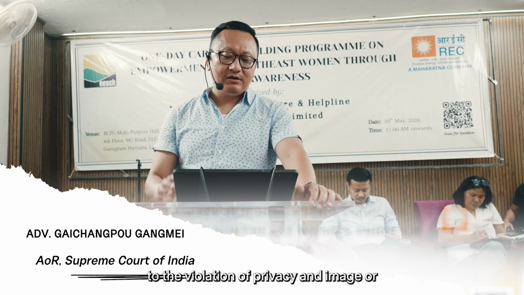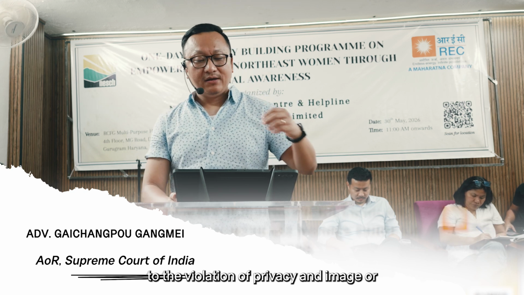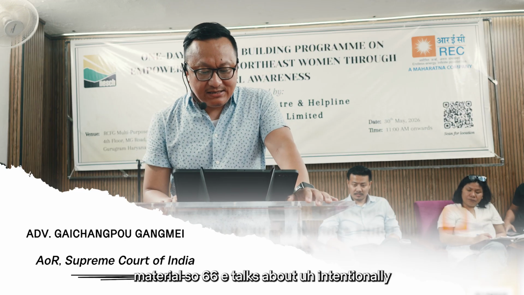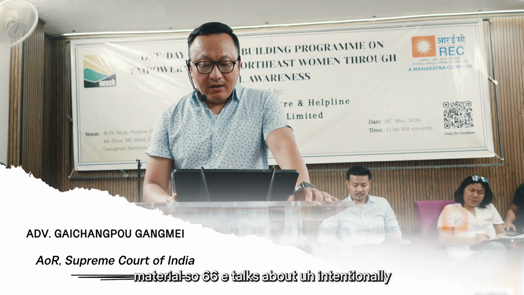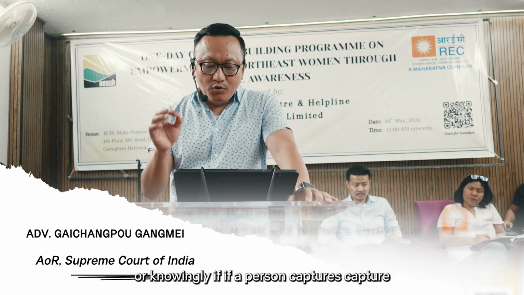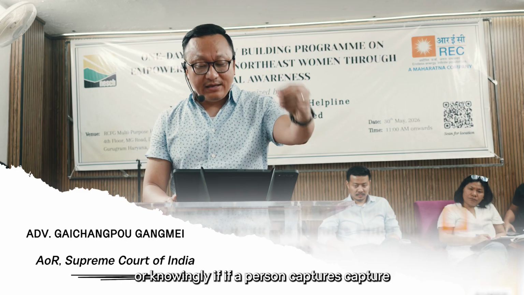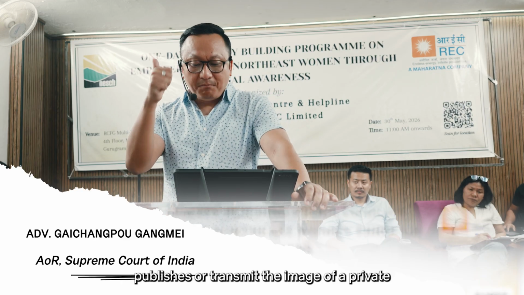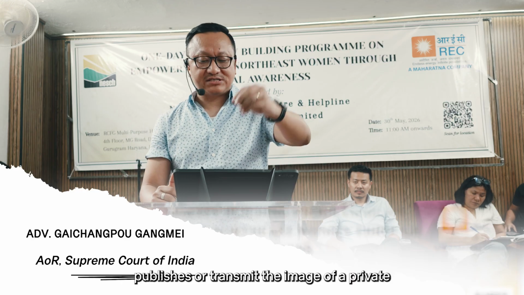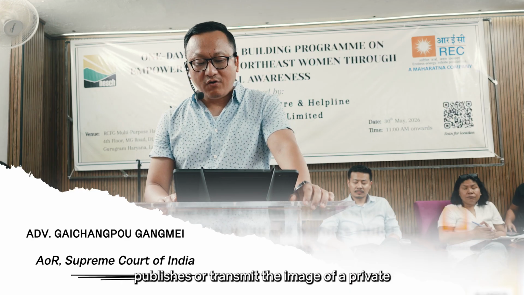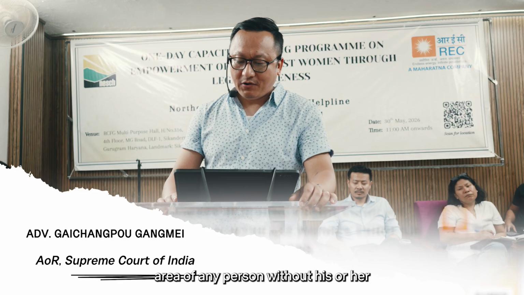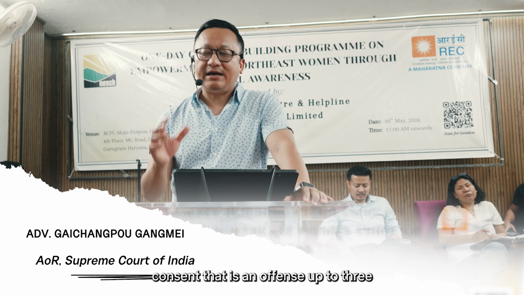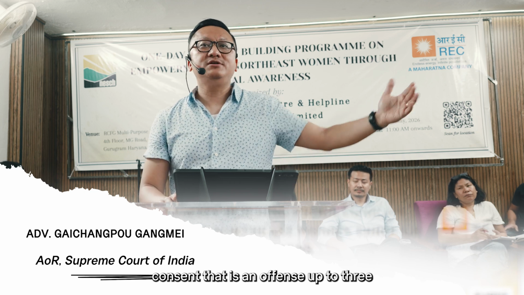Now we come to the violation of privacy and image or material. So 66E talks about intentionally or knowingly, if a person captures, publishes or transmits the image of a private area of any person without his or her consent, that is an offense up to 3 years.